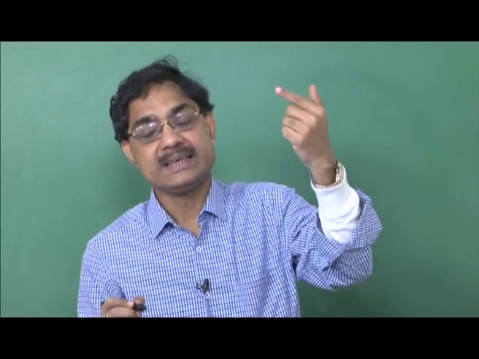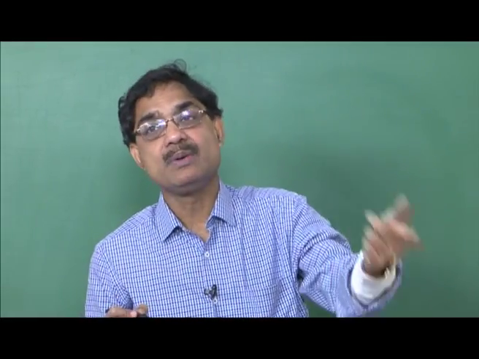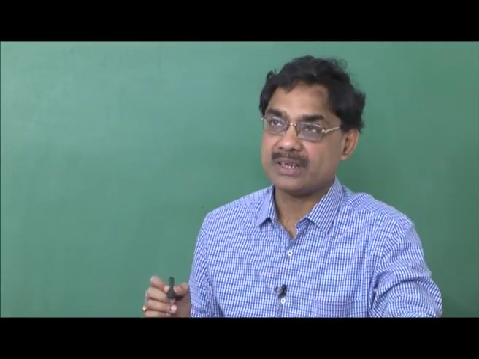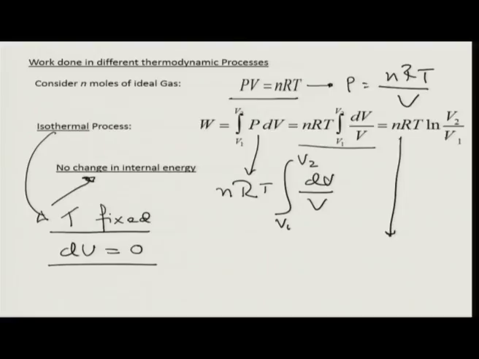So, whatever heat is supplied to the gas will be converted to work done. If I give delta Q amount of heat, the system will do this much work, because there is no change in internal energy. So, the entire heat I have supplied to the ideal gas system will go into work done by the system.